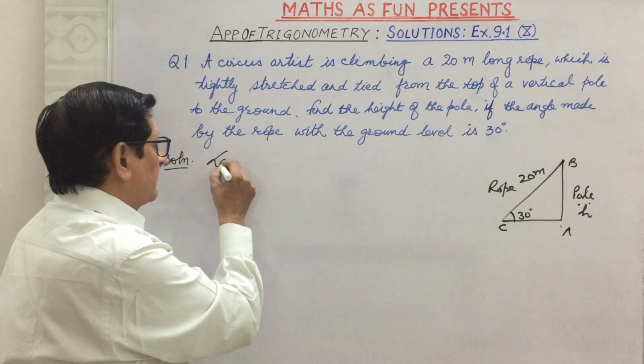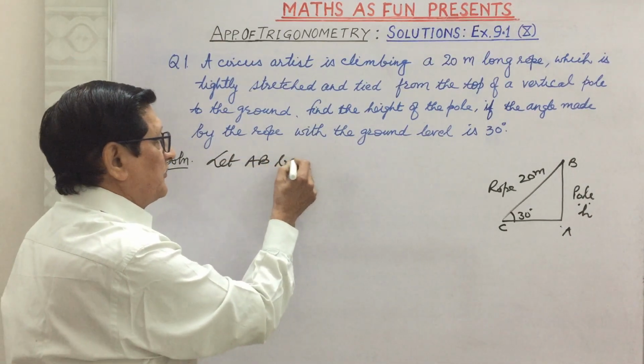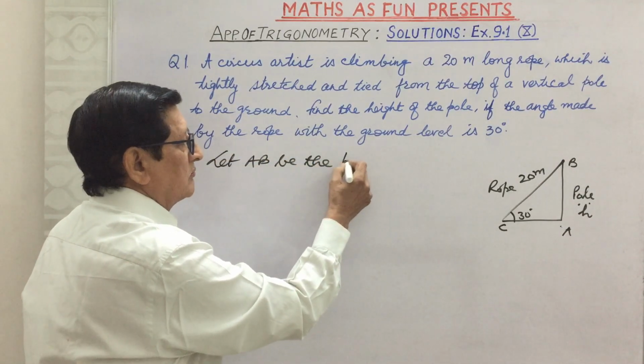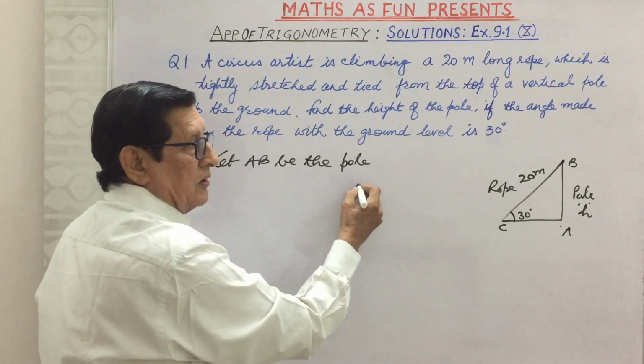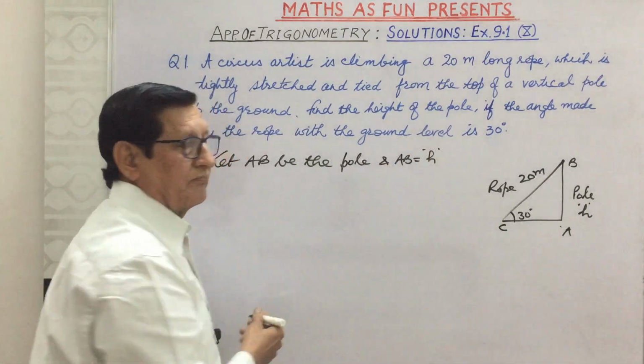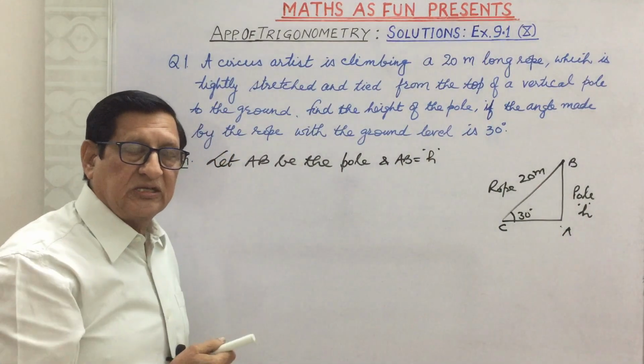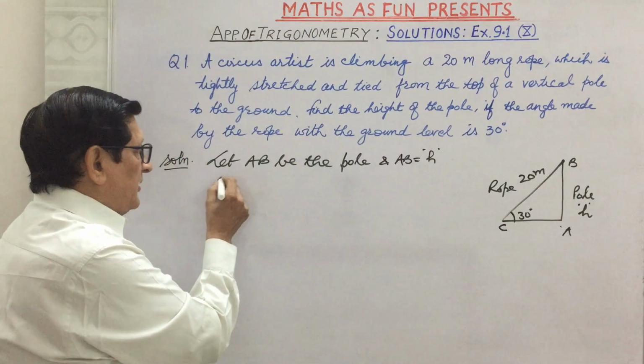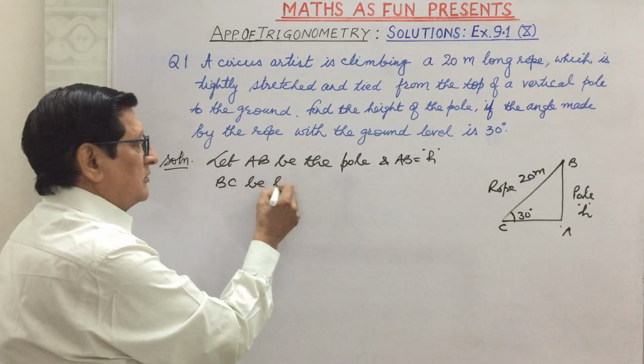So we write, let AB be the pole and AB is equal to h. This we will consider the height of AB is h. BC be the rope.